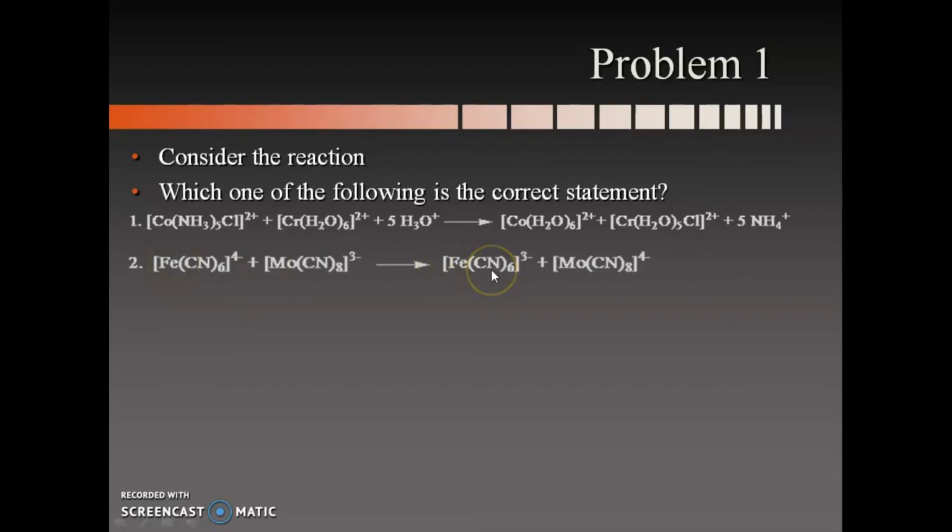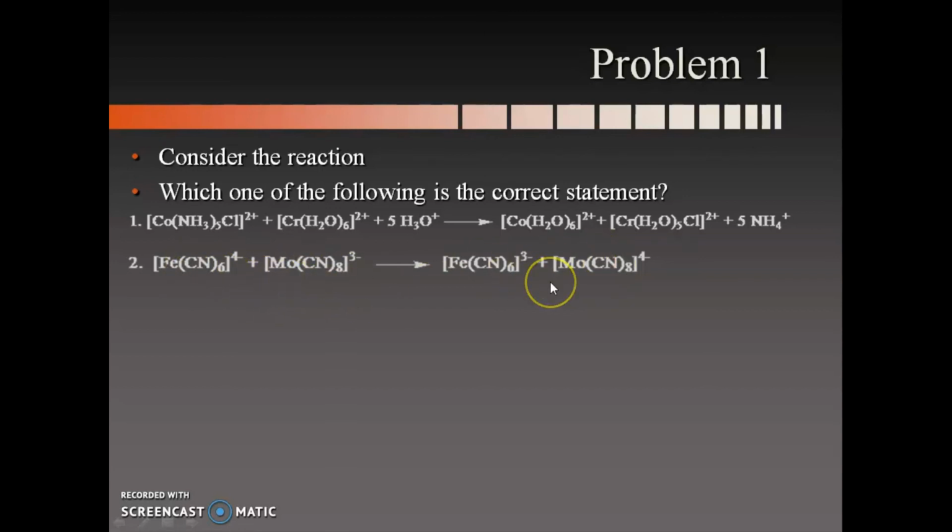Since the cyano ligand is a strong field ligand, and also molybdenum is present in the second row of the d block elements, all these point to the inert nature or low spin nature of the complexes, and in turn these complexes should be inert. So this is the idea that I get once I read the problem.